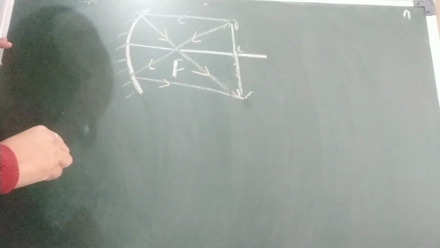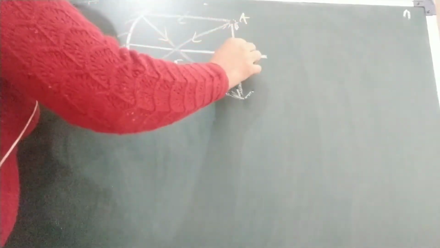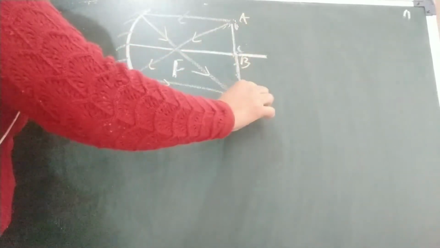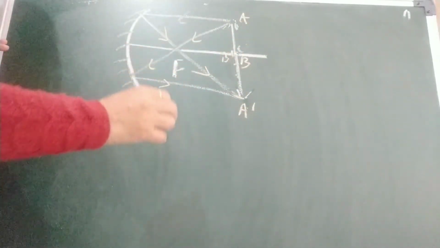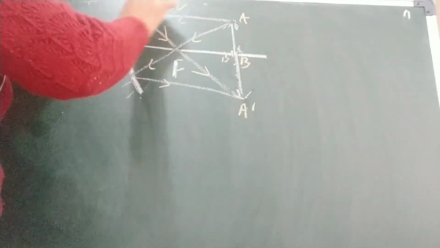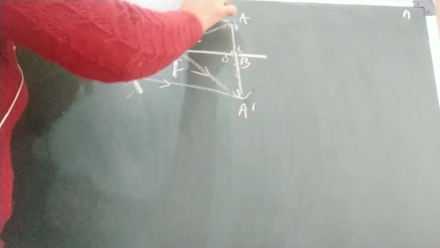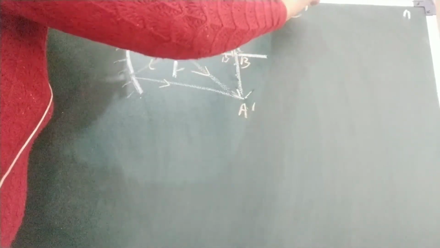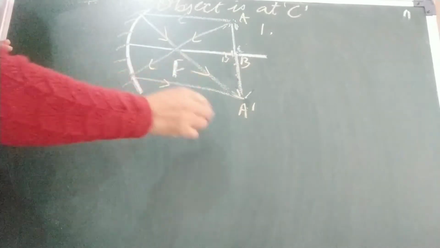So what kind of image is formed? This is AB and this is A dash B dash. Now you are seeing when the object is at C, object की position is what? Object is at C, center of curvature. Then the position of image is what? First, where is it forming?